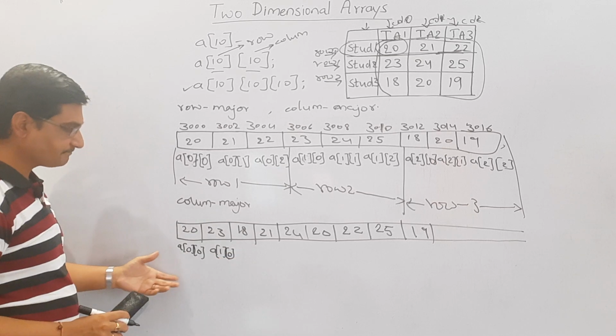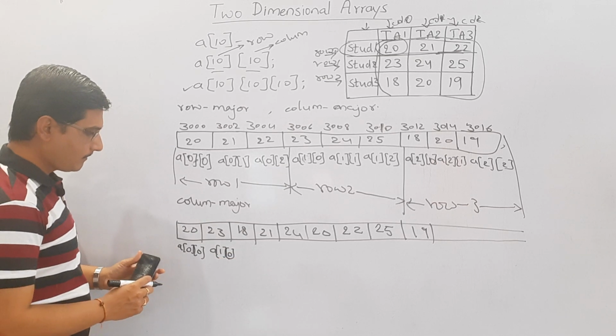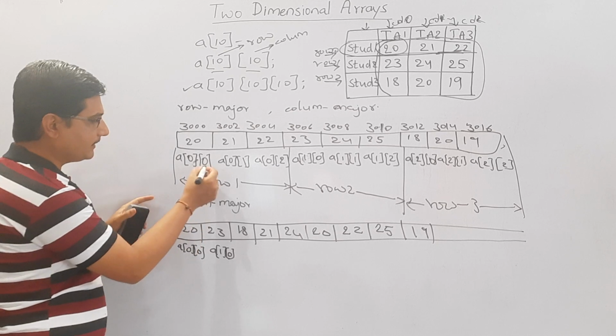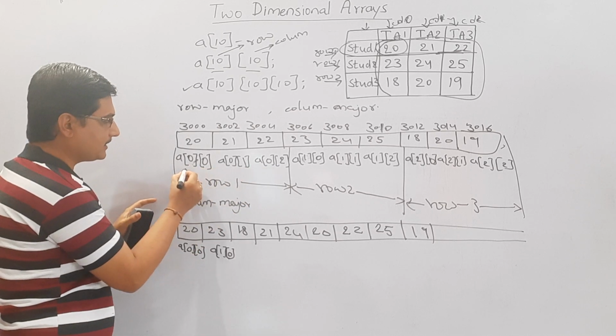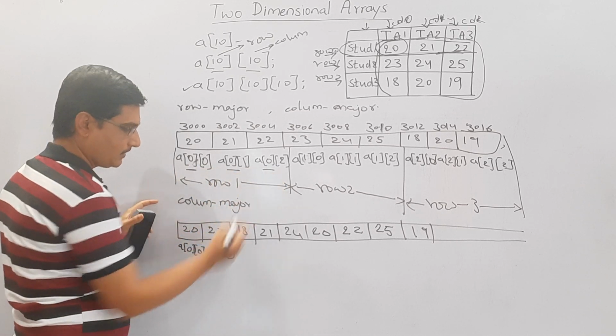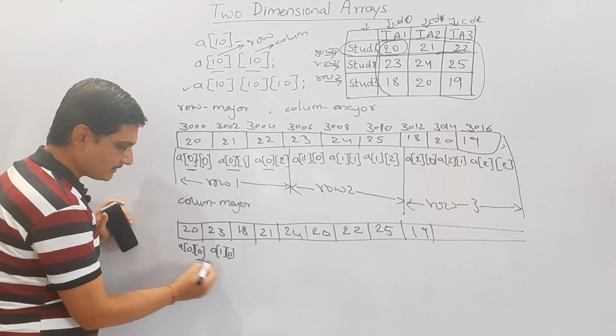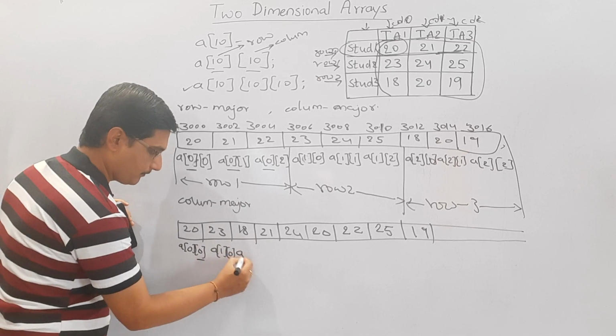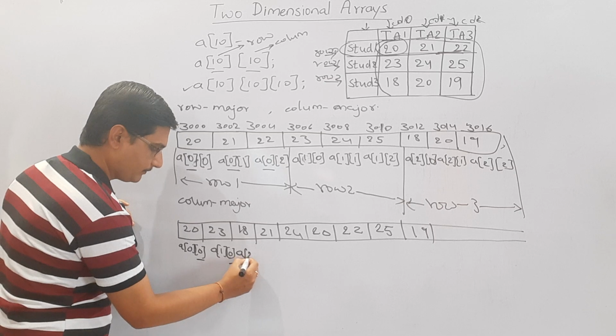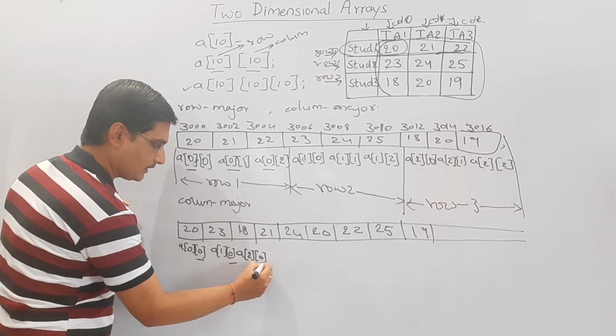In this case, for the first 3 elements the row was the same. In the column major case, for the first 3 elements the column will be the same, like this.